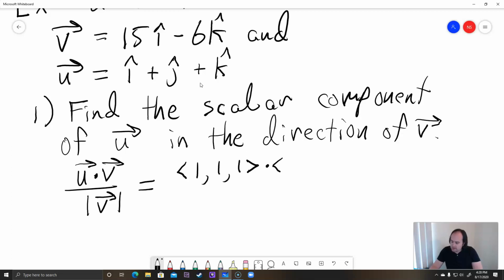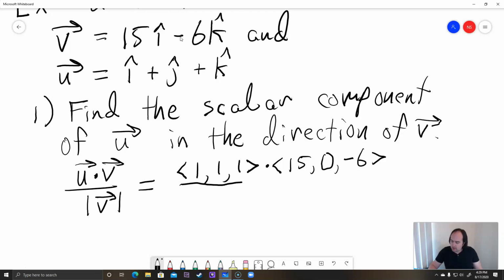Well, v is going to be, the first component is 15, but like I said, we're missing a j here. So the second component is going to be 0, because remember, j corresponds to the y component. And for the last component, we've got negative 6, because we have negative 6k up there. So we should have 1, 1, 1 dotted with 15, 0, negative 6.